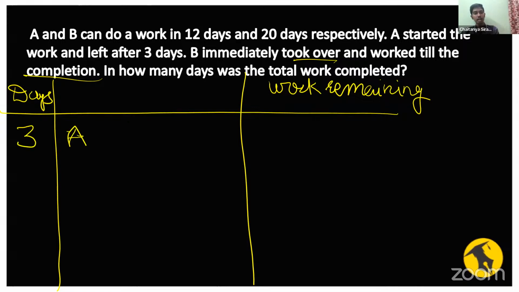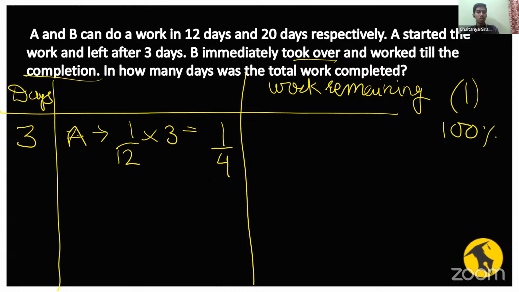What's the efficiency of A? 1 by 12. So he does one twelfth of the work in 1 day. So he works for 3 days, and basically he has finished 1/4 of the work. At the beginning we had, let's say, one, or I can also denote it as 100%. And now 1/4 of the work is done by A in 3 days. So I am left with 75% of the work, or 3/4.